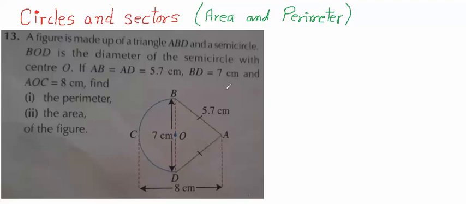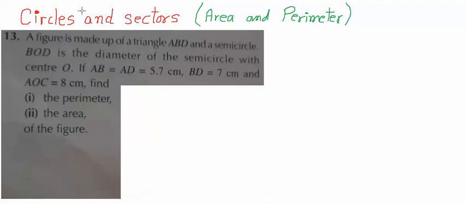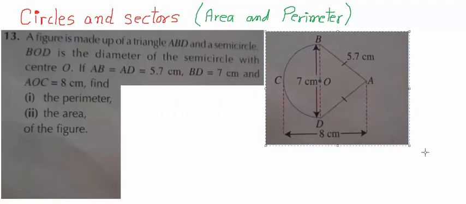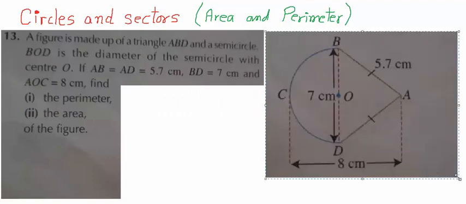So if I enlarge this diagram, this is the situation. As they said, BOD is 7 centimeters, the diameter, so the radius will be half of 7.